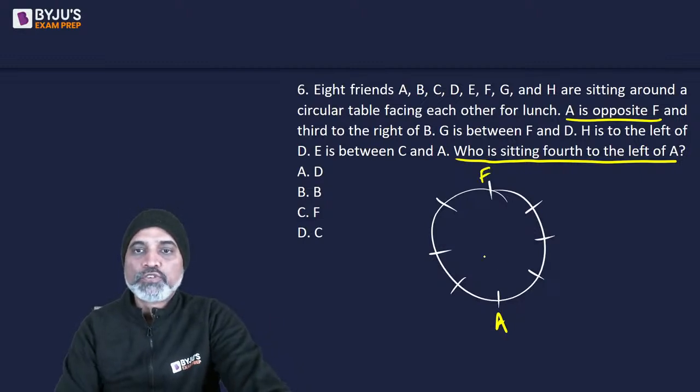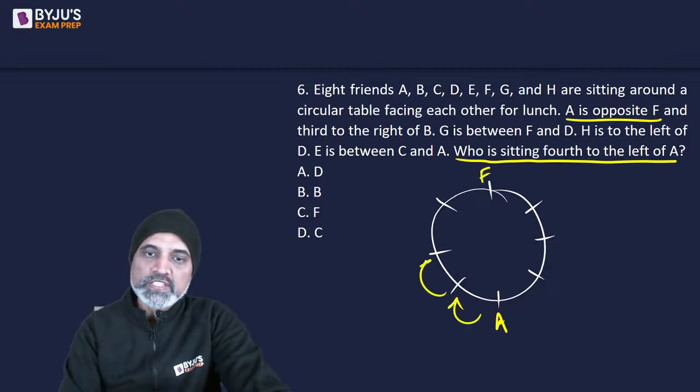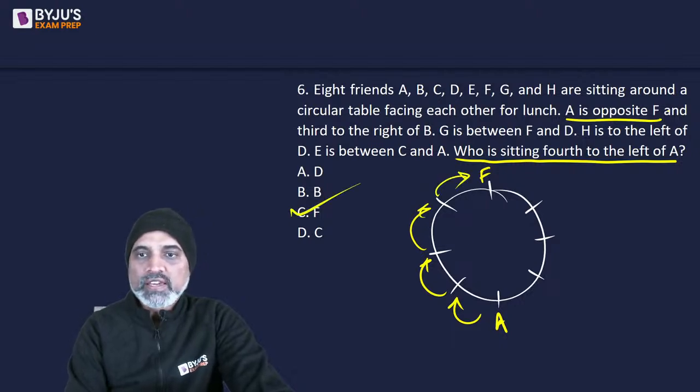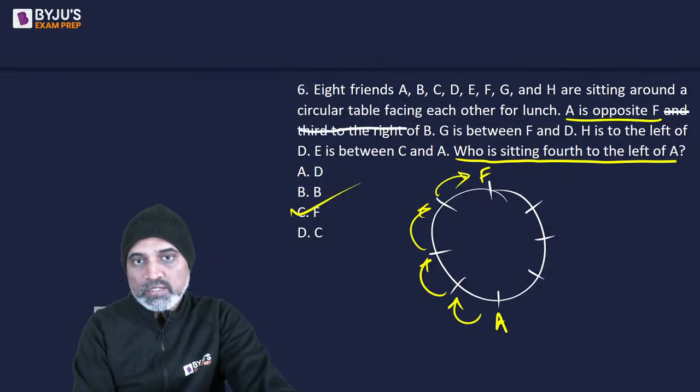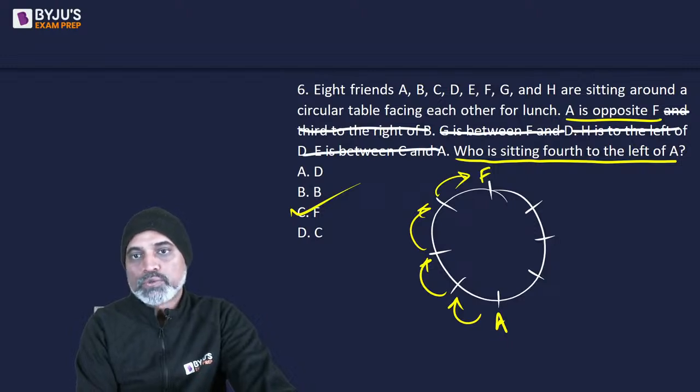So who is sitting fourth to the left of A? This is first left, second left, third left, fourth left. Can we say F? And can we deduce that everything else was useless? Now, question arises, how did I come to this quick conclusion?